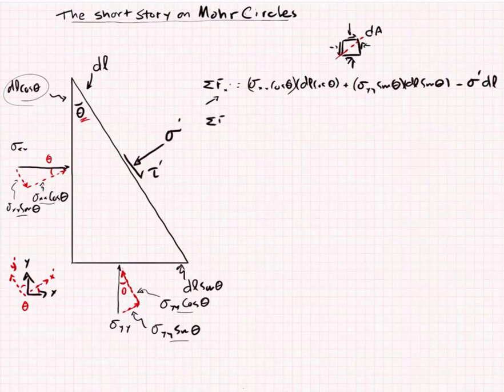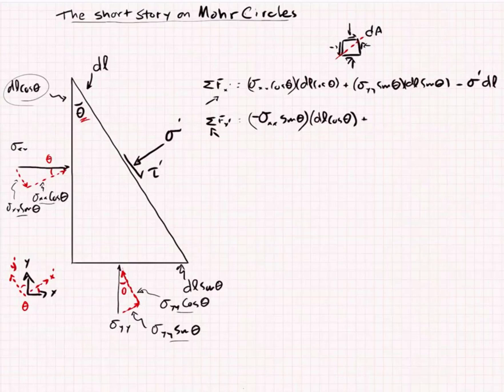Then summing forces in the y prime direction, and that's positive in that direction, we have a minus sigma xx sine theta times its area, dl cosine theta. And that's a minus because it is acting in the negative sense of the y prime axis.